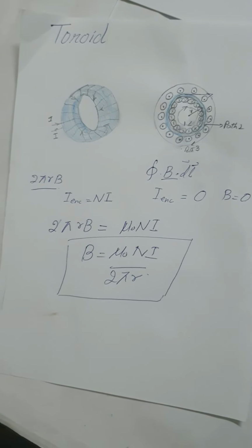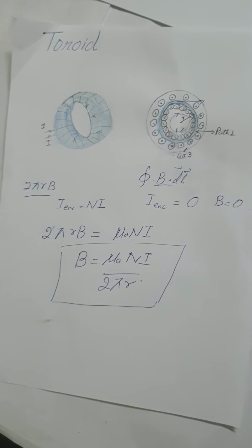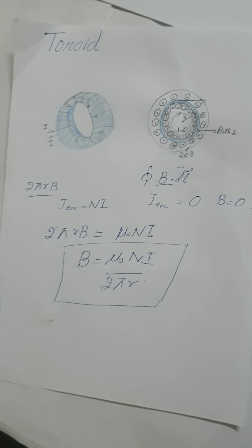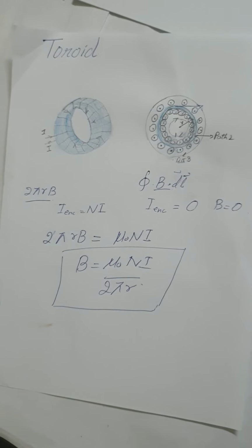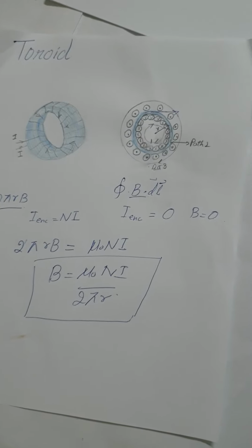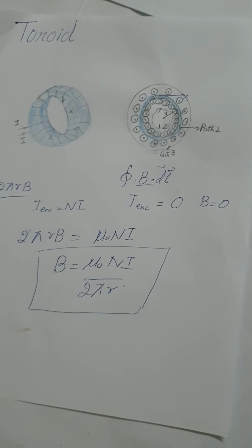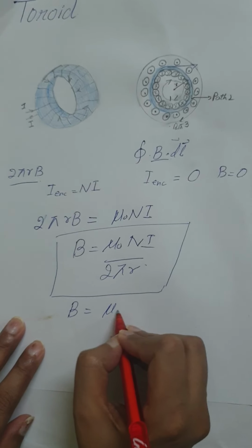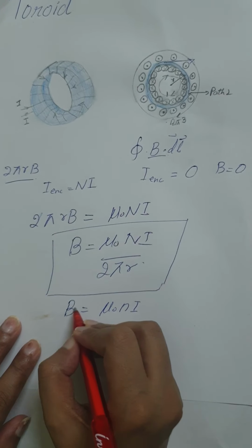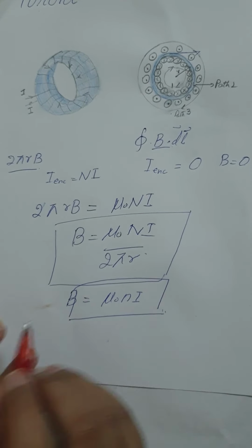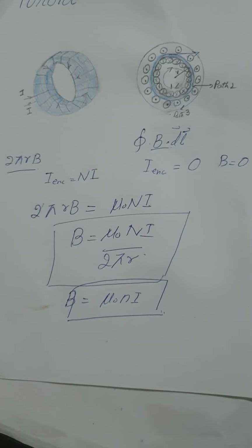If the radial thickness of the core is small in comparison to r, the field varies only slightly across a cross section. In that case, considering 2 pi r as the circumferential length of the toroid, and N over 2 pi r as the number of turns per unit length n, the field may be written as B is equal to mu naught n I in this special case.